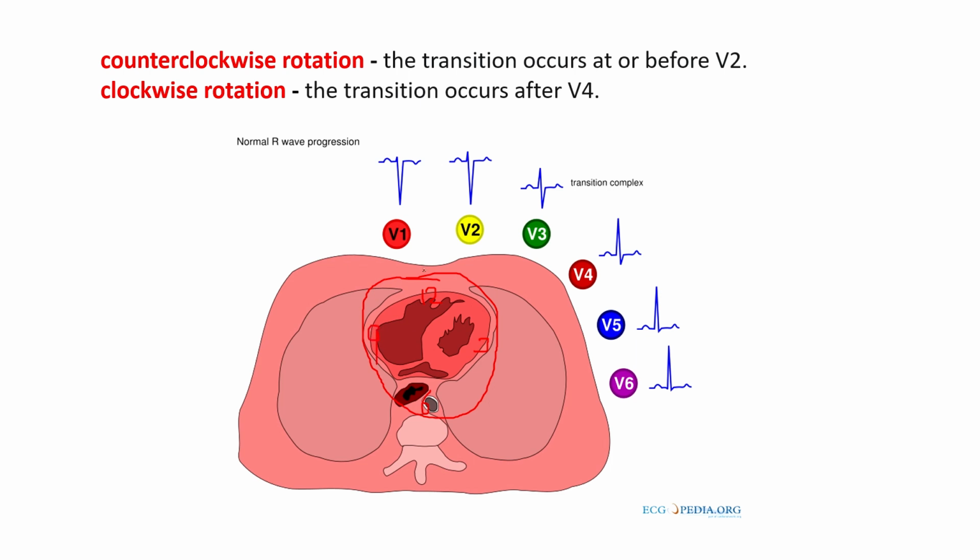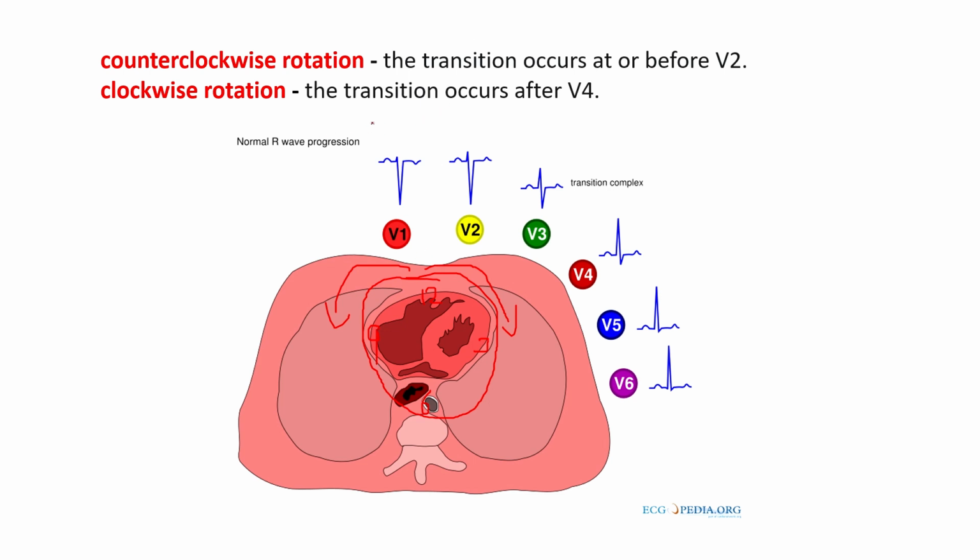If the heart rotates in this direction, this is called clockwise rotation. I don't mean anatomically, I will explain it in a minute. If it rotates in this direction, it's called counterclockwise rotation, and it makes sense.